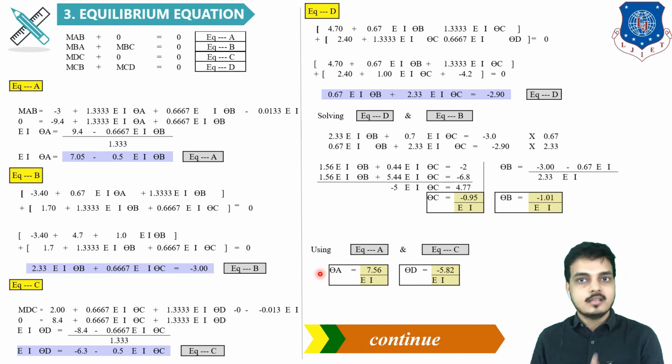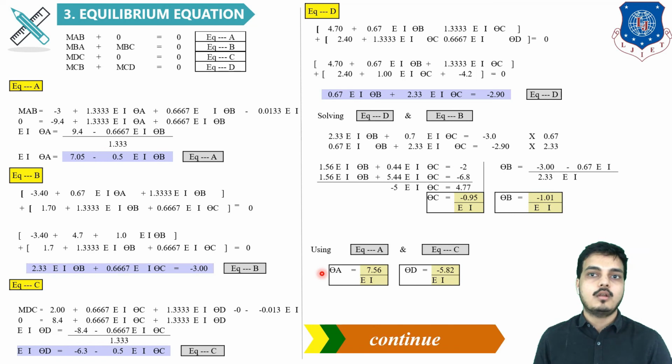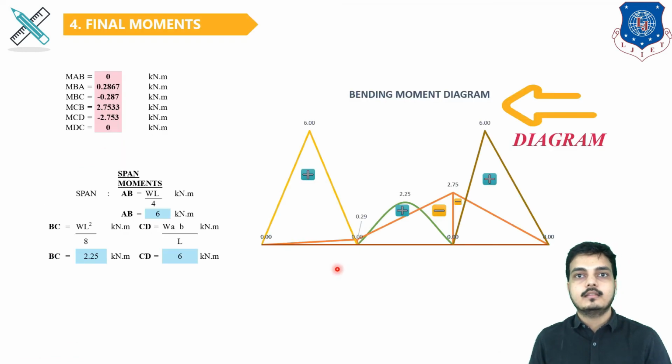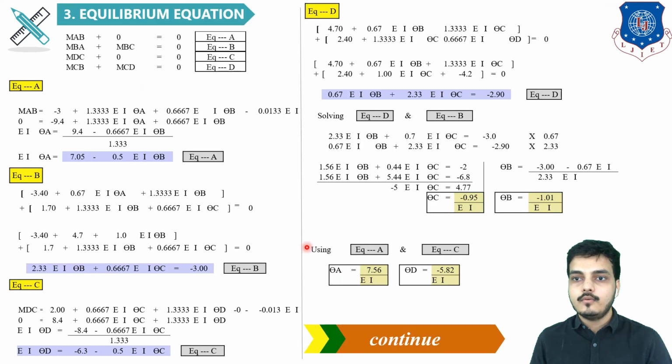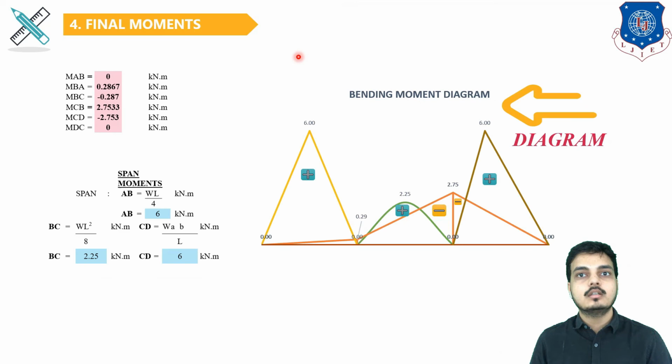So with these steps, you can easily find all the 4 unknowns. This entire page we are seeing is the only new thing, the typical part for 4 unknowns. At last, we will put all 4 unknown values in step number 2, which is the slope deflection equation, to get my final moments.